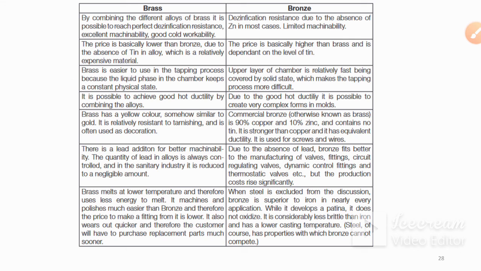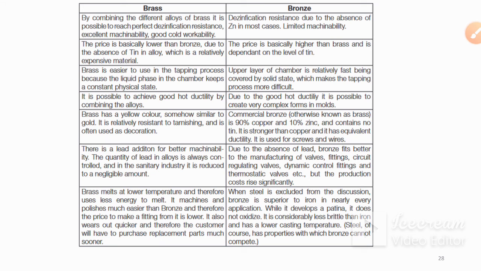Tapping is nothing but creating internal threads, so it is also a machining process. Brass has excellent machinability properties, hence tapping is also easier in brasses.